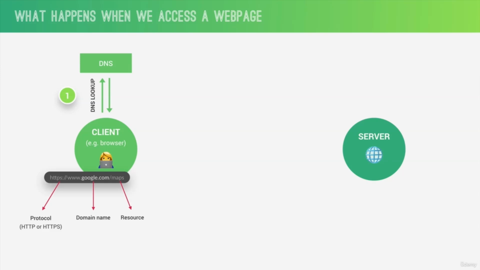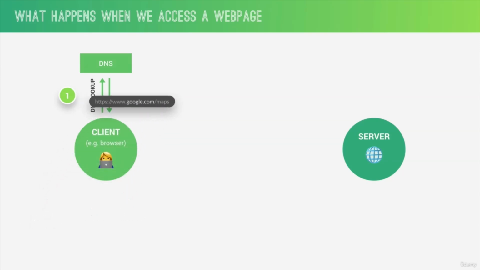So DNS stands for Domain Name Server, which are special servers that are basically like the phone books of the internet. So the first step that happens when we open up a website is that the browser makes a request to a DNS, and this special server will then simply match the web address that we type into the browser to the server's real IP address.